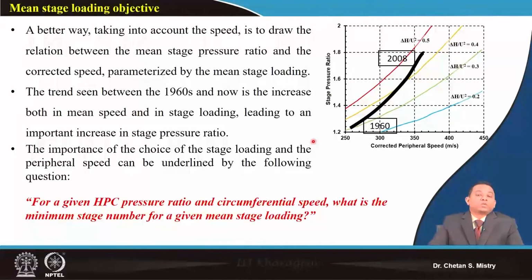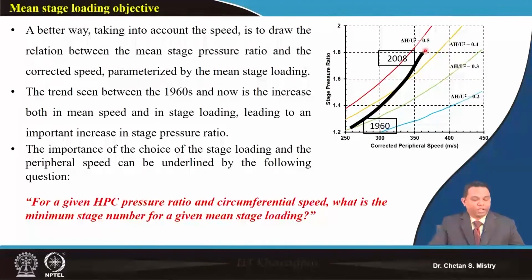So we need to decide on the parameters called mean stage loading coefficient and peripheral speed. And here, this represents the most recent trend. So the selection of these two parameters is very important for us.